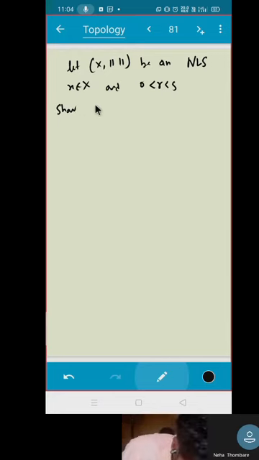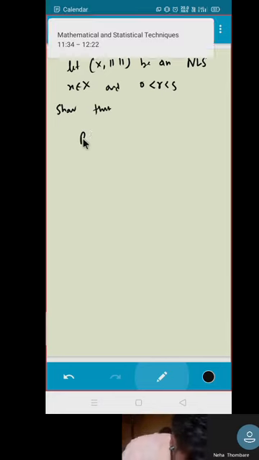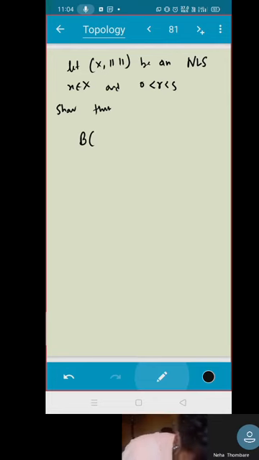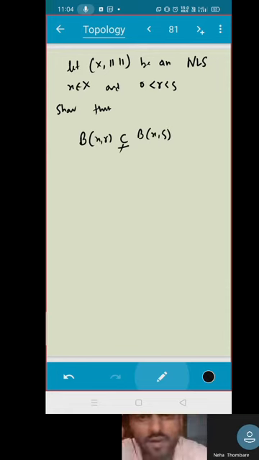We'll show that V(x, r) is contained in V(x, s). Can you show this? I think I have talked about this exercise. Think about it. Can you show this?